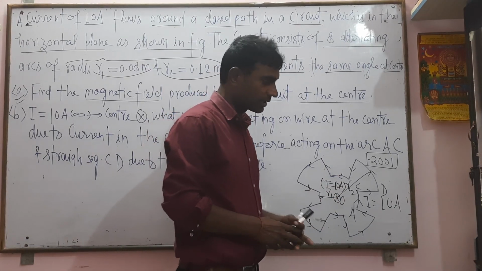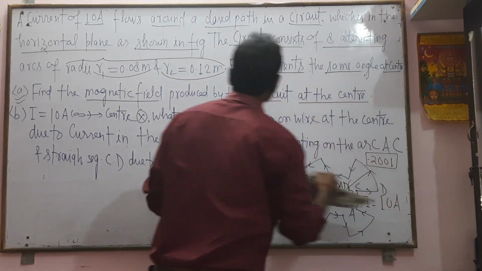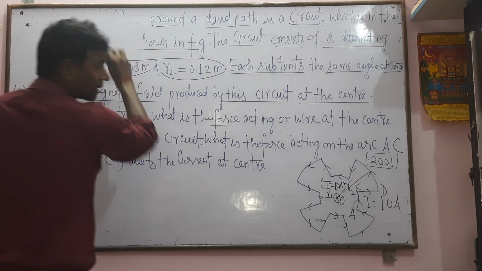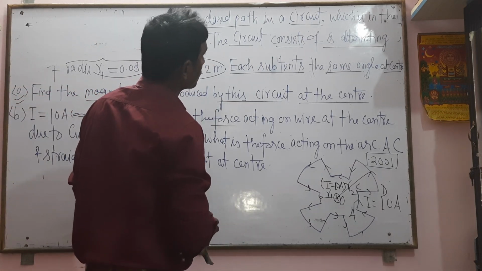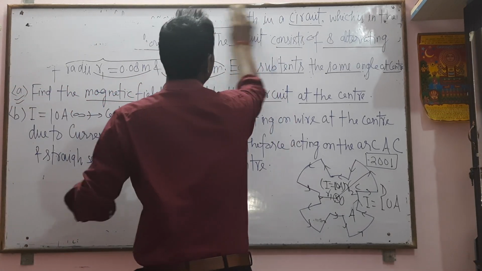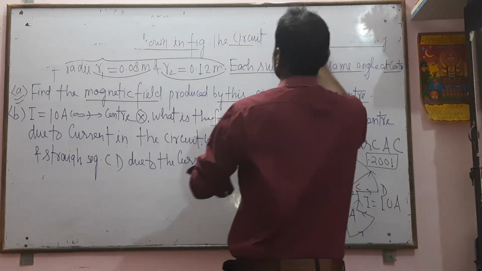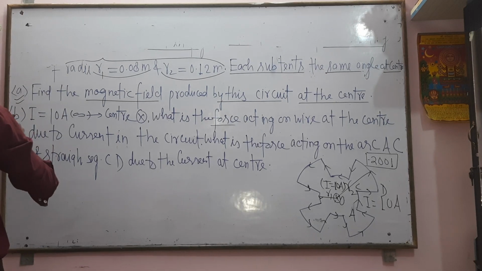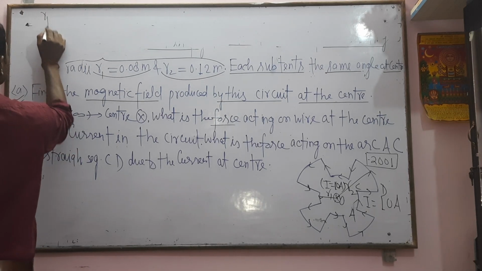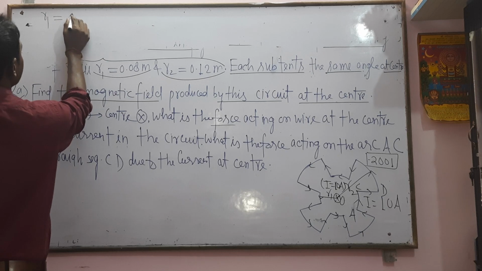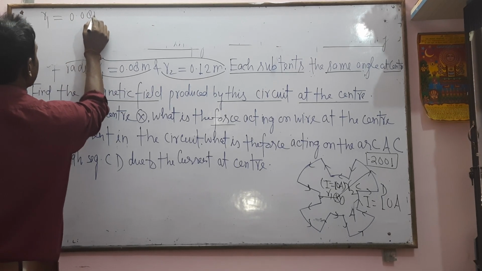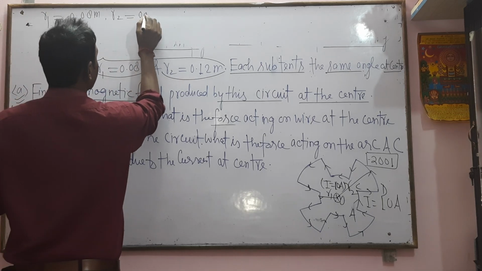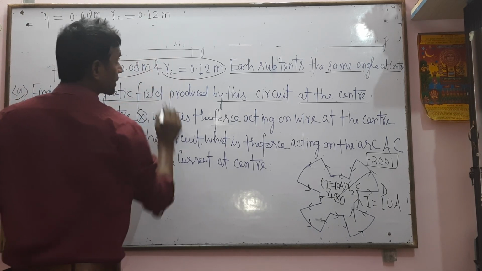First, we need the magnetic field, where R1 equals 0.08 meter and R2 equals 0.12 meter.